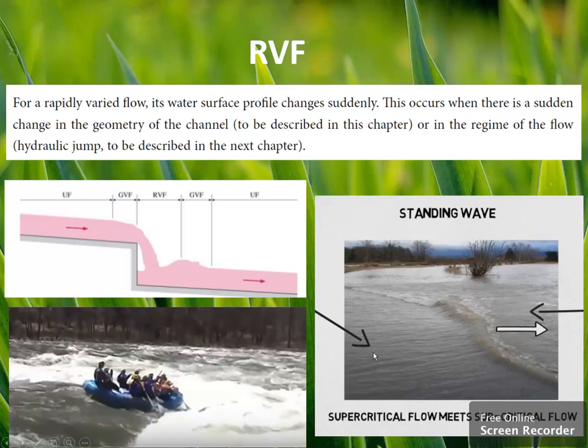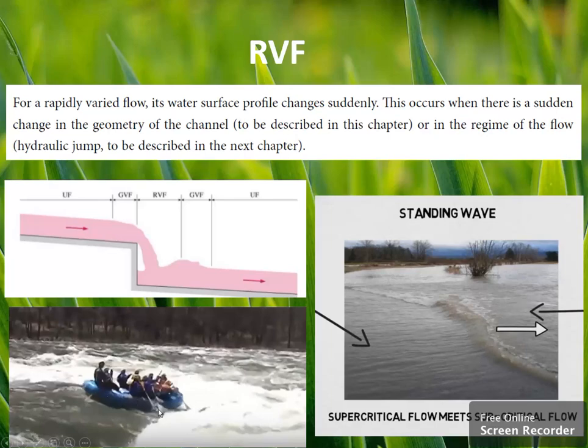Therefore, when a supercritical flow wants to change to the subcritical flow, there is a sudden change in water surface profile, which is called hydraulic jump. We already talked about it, but we will fully discuss the issue in chapter 12. So here we have rapidly varied flow as a result of change in the flow regime.